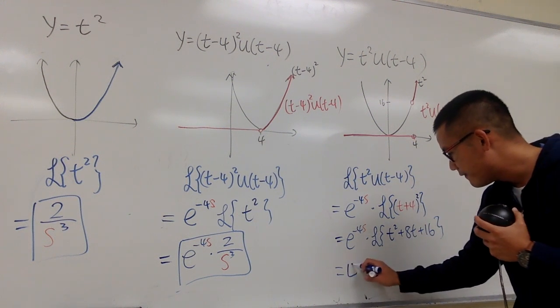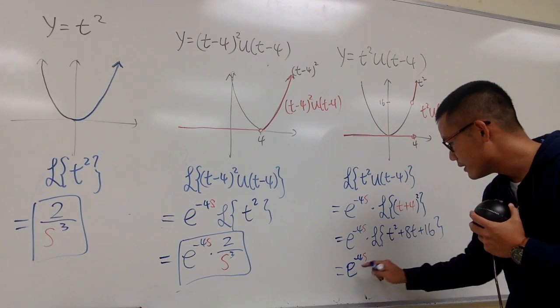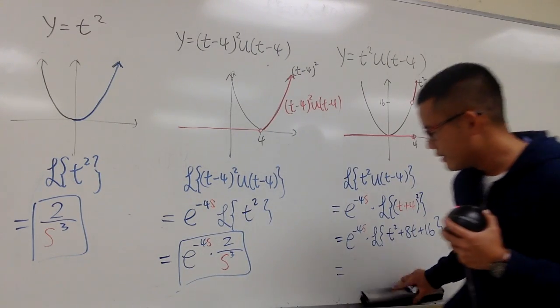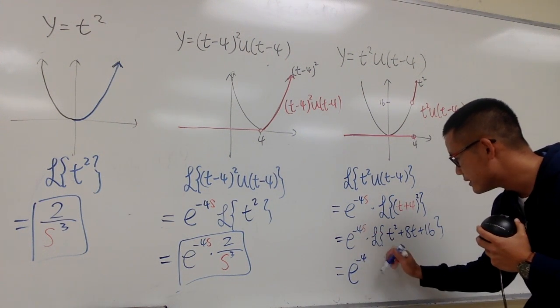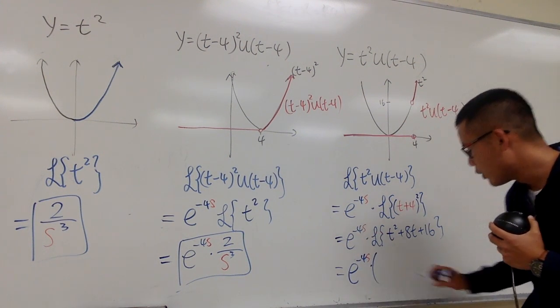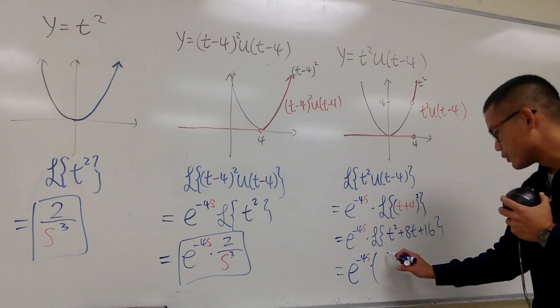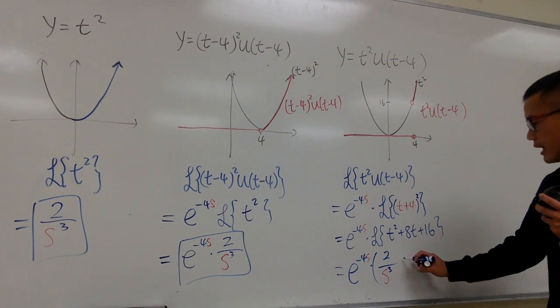We still have that e to the negative 4s in the front, all right? This is my e. It looks like a 4, I know. I almost wanted to write a 4. Let me put this down again. E to the negative 4s. And now, I'll open the parentheses. Laplace transform of t squared is just that. So 2 over s to the third power. And then plus.